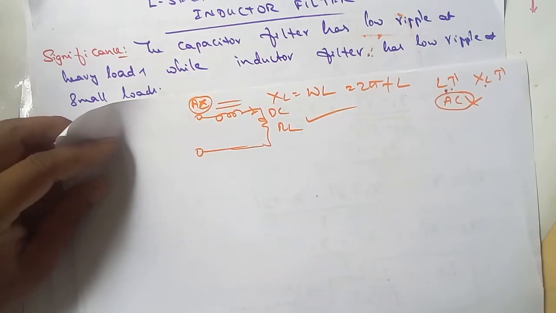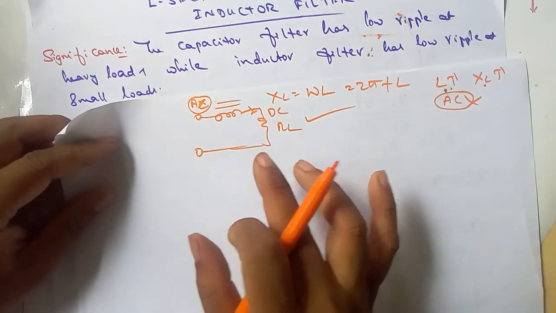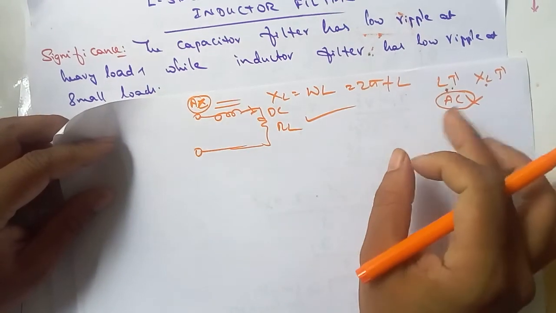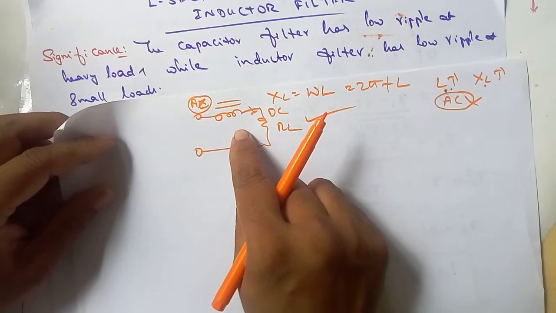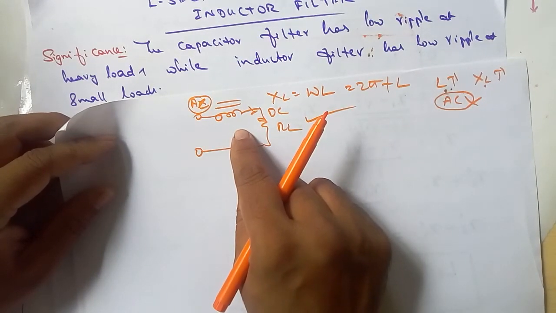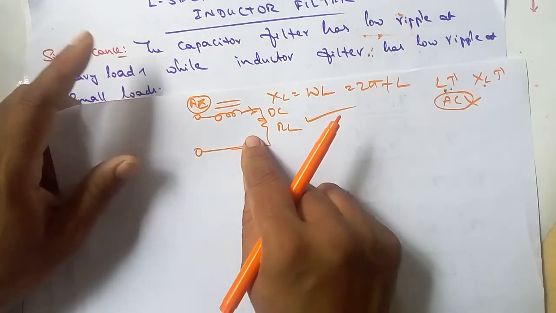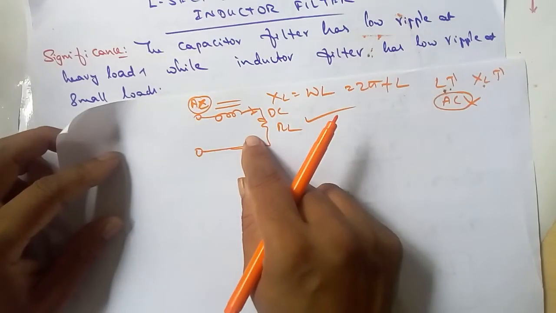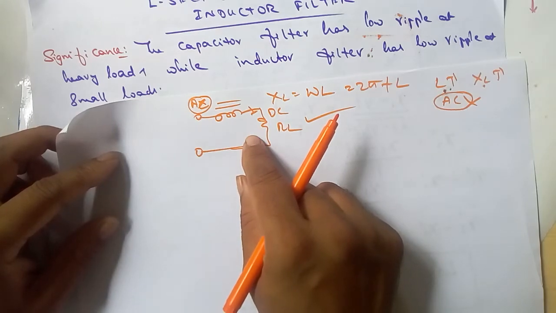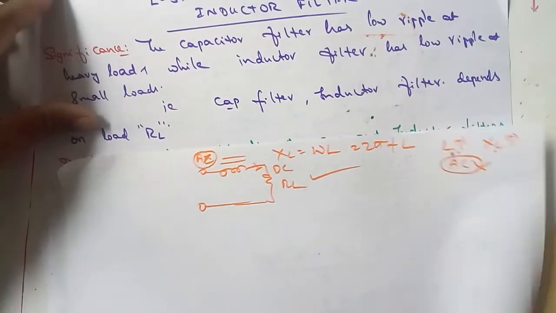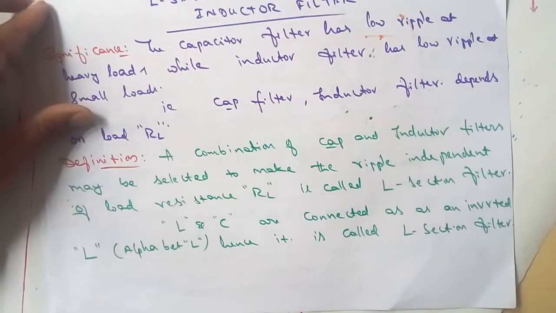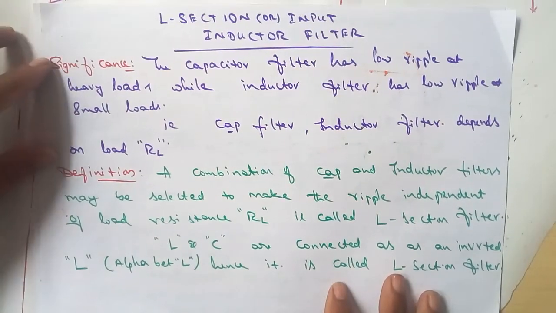If you understand the series inductor filter and the capacitor filter, then the L section filter and pi section filter are manufactured using the combination of these two only.